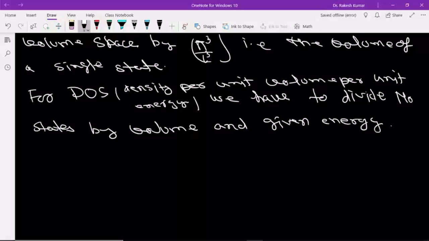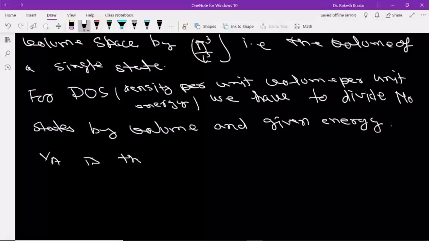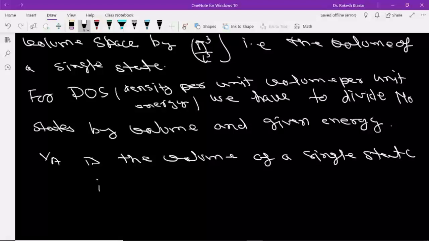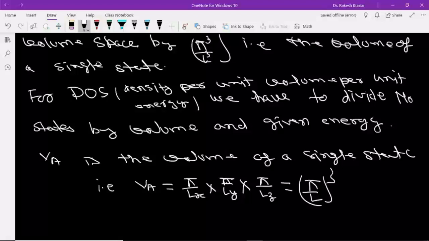So now let Va be the volume of a single state, as I determined earlier, that is Va, which is equal to pi by Lx into pi by Ly into pi by Lz, which is equal to (pi by L) cubed.